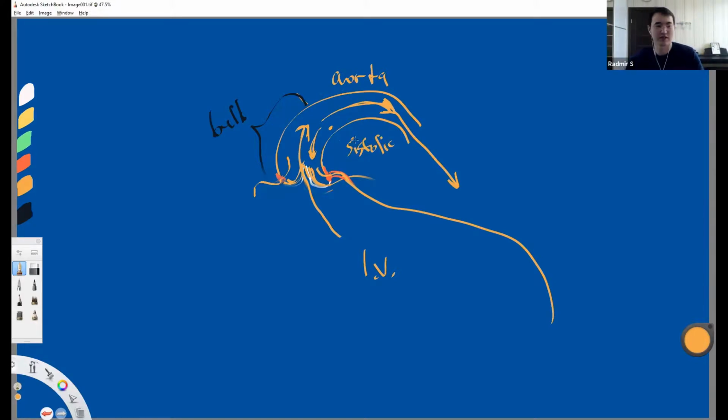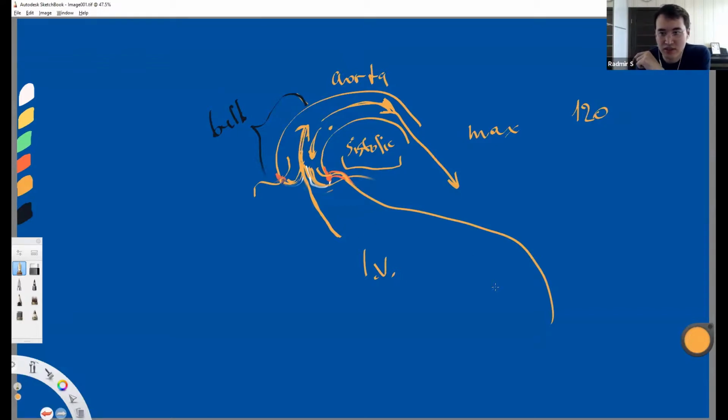So we have the systolic blood pressure. It's the maximum that we have. So usually we have 120 or so. So the systolic one is when the blood is pumped from the ventricle, okay? And when it hits the wall of the aorta, we can write down the pressure that is inside the aorta at this moment.